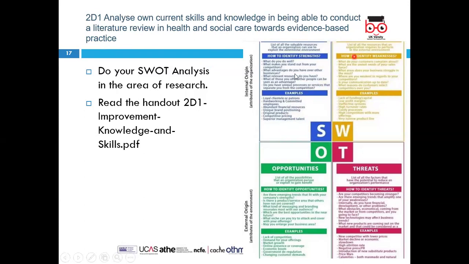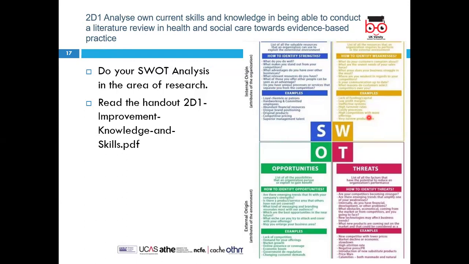So this is analyzing actually how you are going to conduct a literature review in health and social care. What strengths are there, what weaknesses are there, what opportunities do you have, and what threats do you have in your own research? So while you're planning a research, you have to do a SWOT analysis based on that.